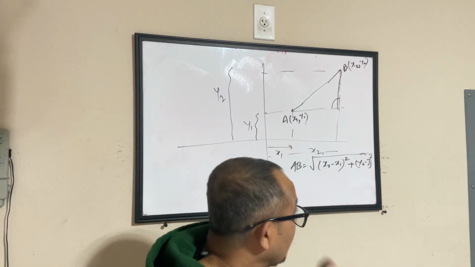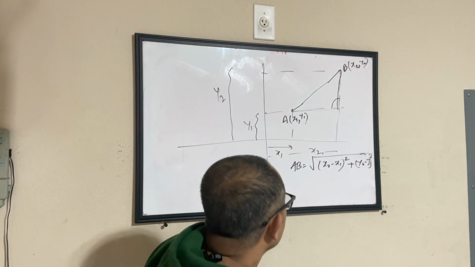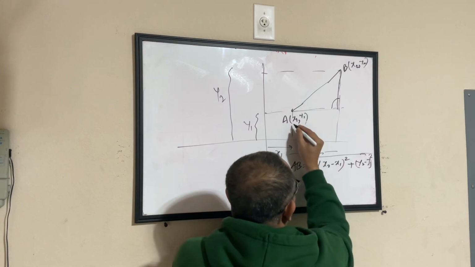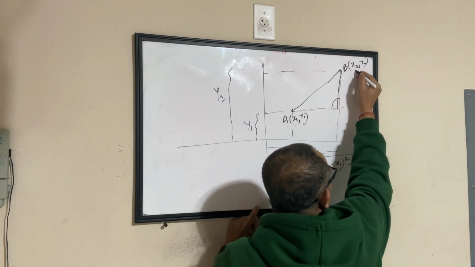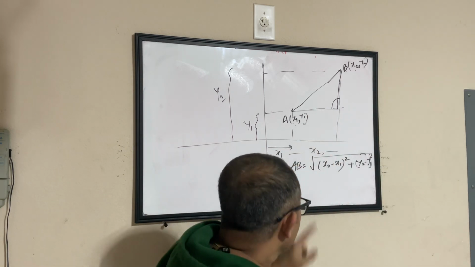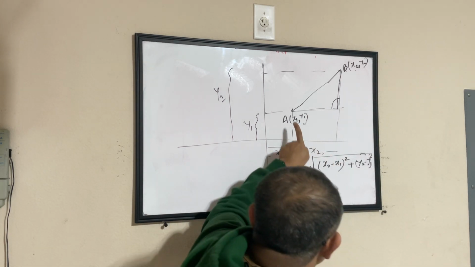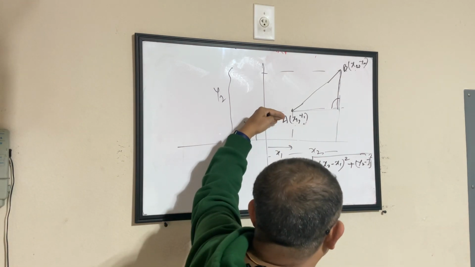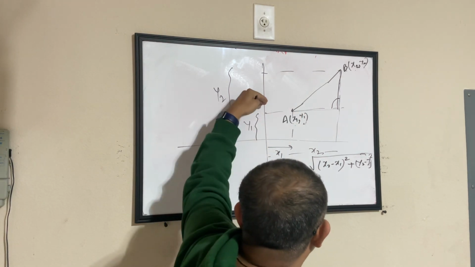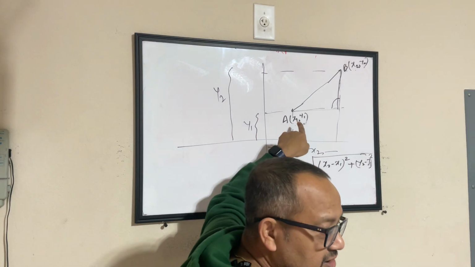Okay. Now, this is my point, the coordinates are x1, y1. This is my point where the coordinates are x2, y2. What do the coordinates mean? That means the length along the x-axis or the length along the y-axis. That is what the coordinates are, correct?